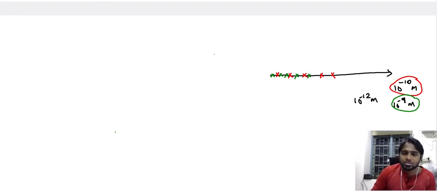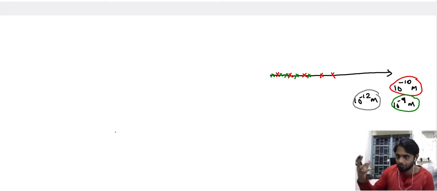Now, it is also possible for us to express the same lattice parameter on a different scale, that is picometer, 10 to the power minus 12 meters. When you consider the representation of the same lattice parameter in this different scale, it will now be spread apart.